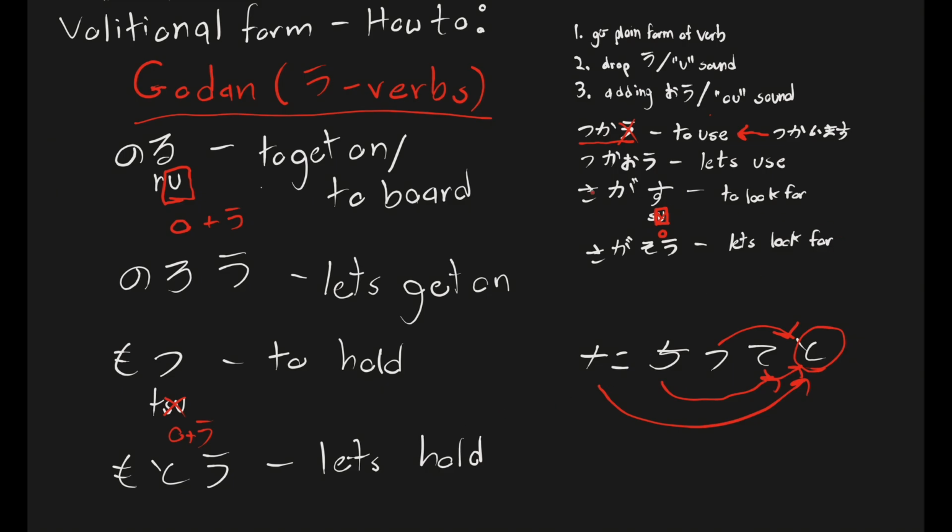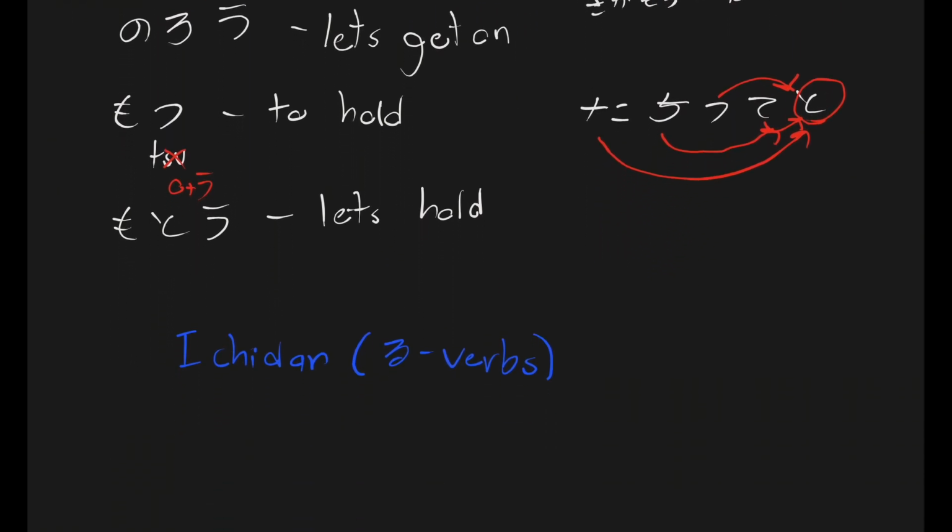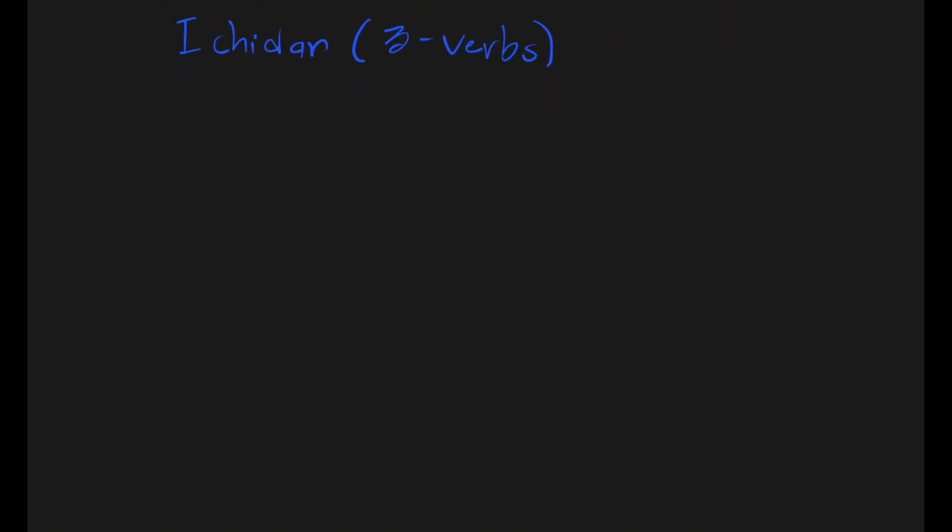So now let's go down to the next section. We're going over the ichidan verbs, or the ru verbs. So we're going through the steps again. The first one is the same as the last one: get the verb in plain form, or dictionary form as some people call it.